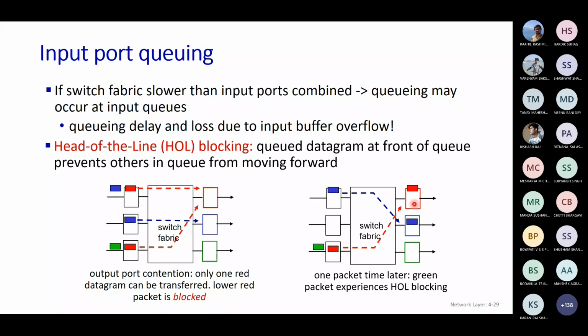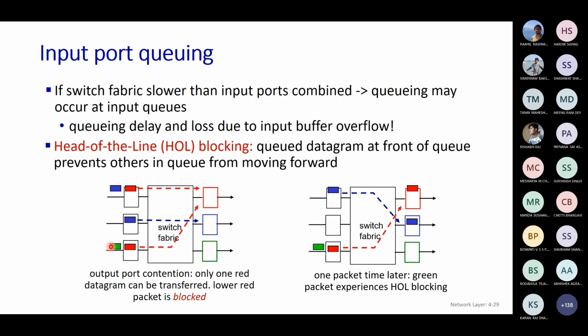Now what was the problem that happened here? Look at this green packet here. At time t equals 1, this green packet had a fully available path to the corresponding output port. Of course, the path was available.